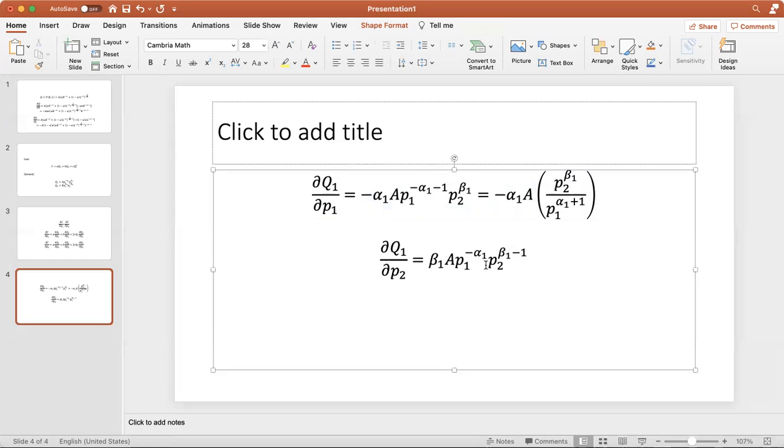Now the same happens for the second equation.